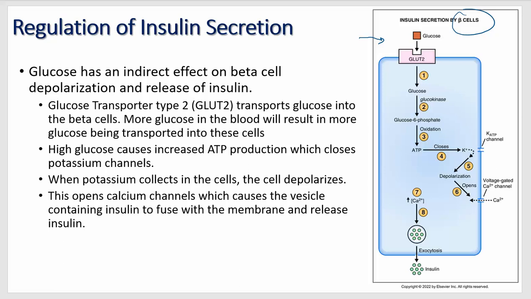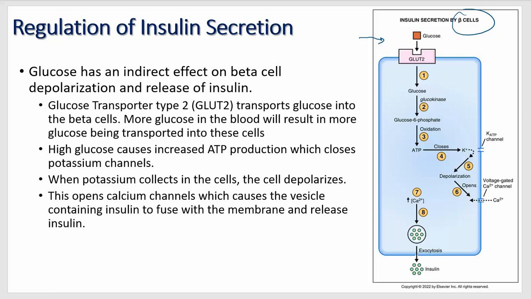Through a number of steps, we have the production of something called glucose 6-phosphate, which is also in the glycolysis pathway, and the production of ATP. Oxidation occurs from this, and you have the production of ATP. So when glucose moves into the cell, we have the very quick production of more ATP.